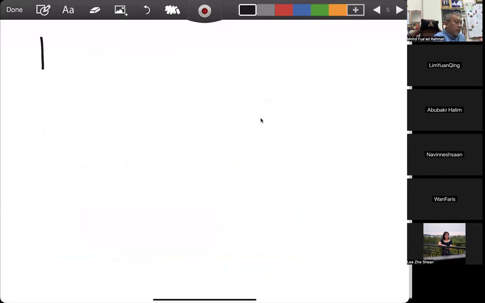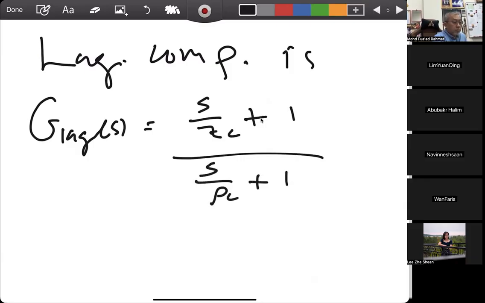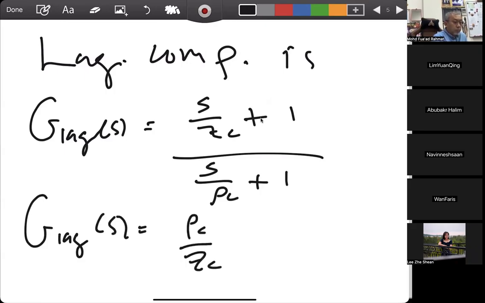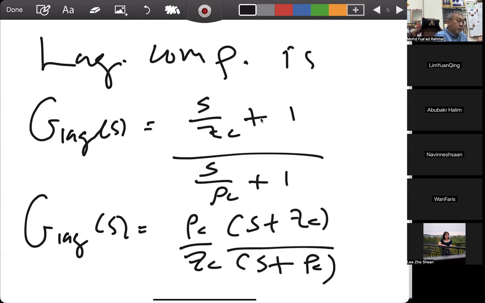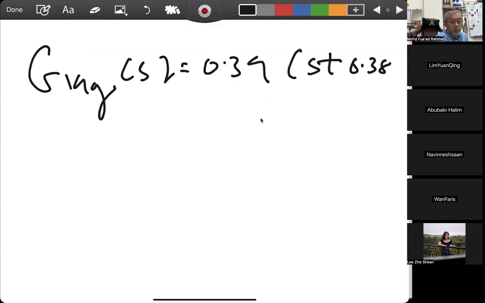So that's why the lag compensator is G lag s is equal to 0.39 s plus 0.38 over s plus 0.15.